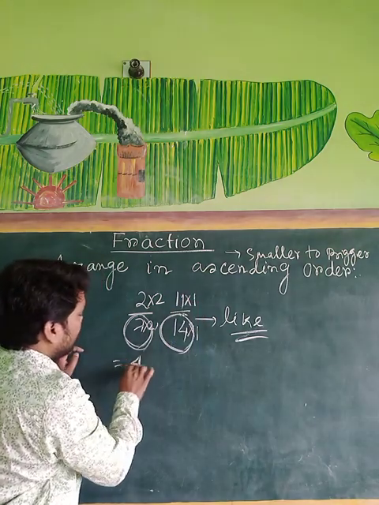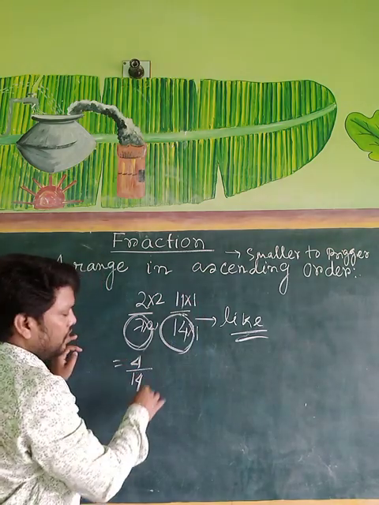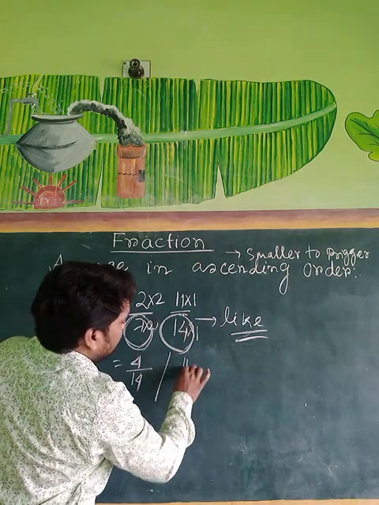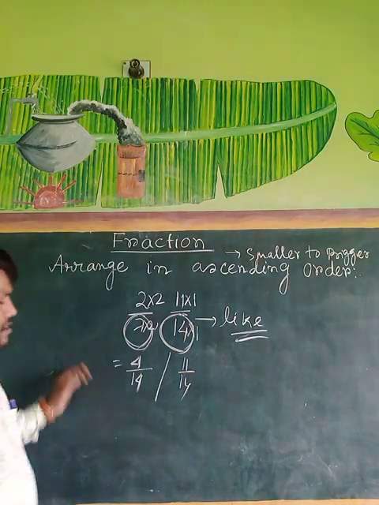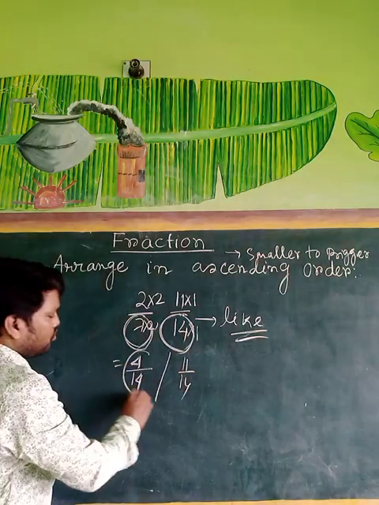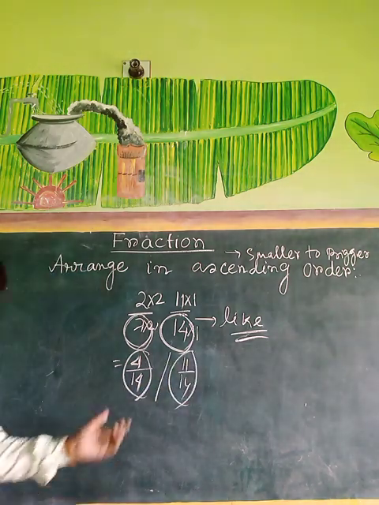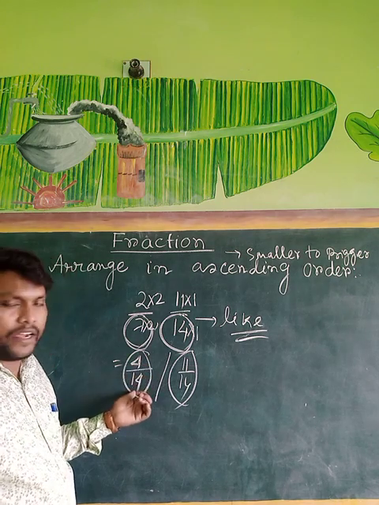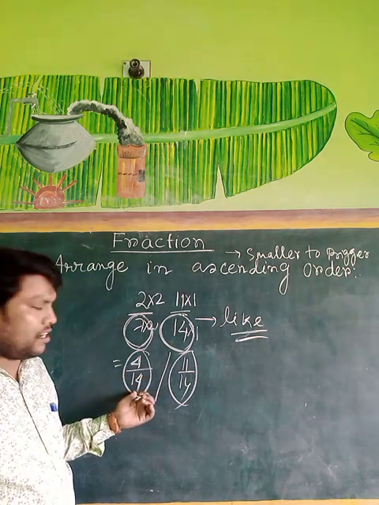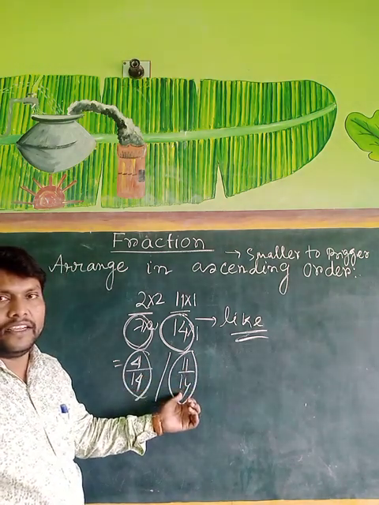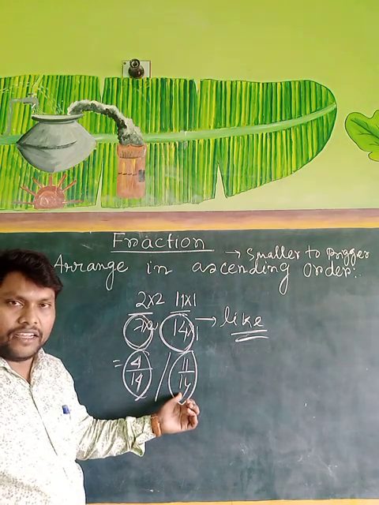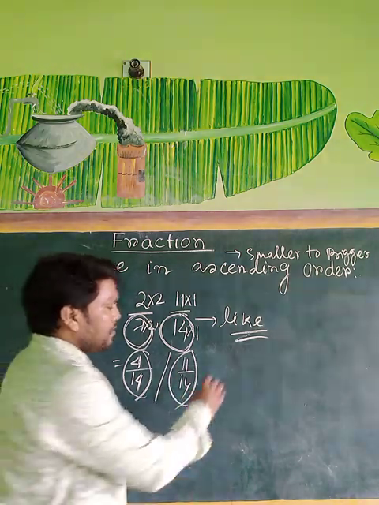So 4 divided by 14 it is, and it is 11 divided by 14. Okay, so both are like fractions. Now you can say 4 divided by 14 is smaller, 11 divided by 14 is greater. Okay.